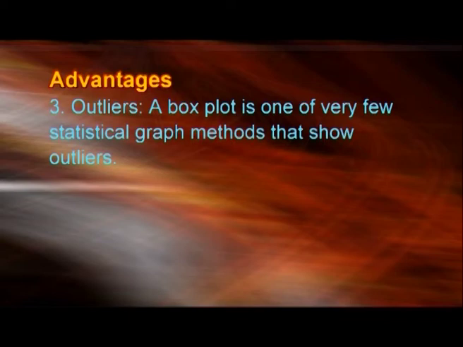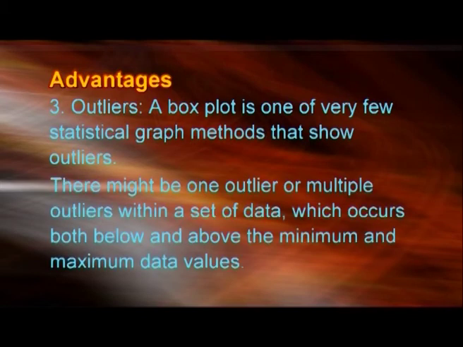Outliers. A box plot is one of very few statistical graph methods that show outliers. There might be one outlier or multiple outliers within a set of data, which occur both below and above the minimum and maximum data values.